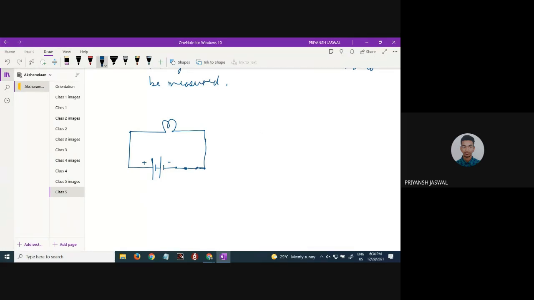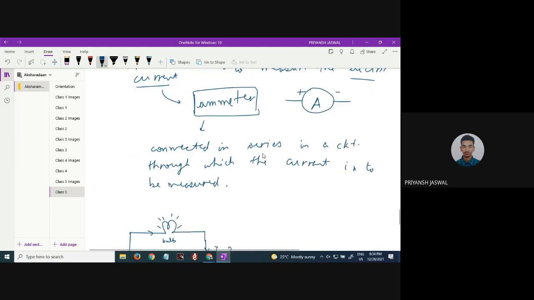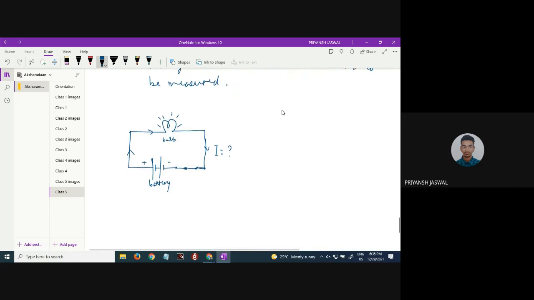If we close this switch, then electric current will flow in this circuit and it will make the bulb glow. Now, if we want to measure the electric current in this circuit, like how much is the current, then this device called ammeter is used to measure it. And how do we install it? It is connected in series in the circuit. In series means along the flow of the current itself.